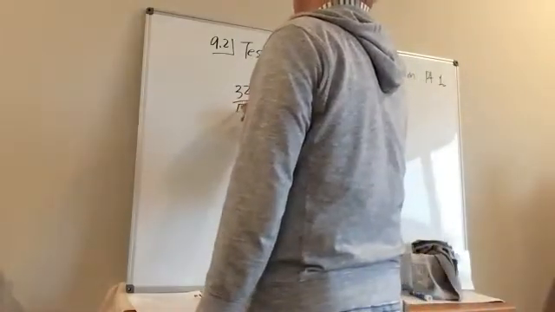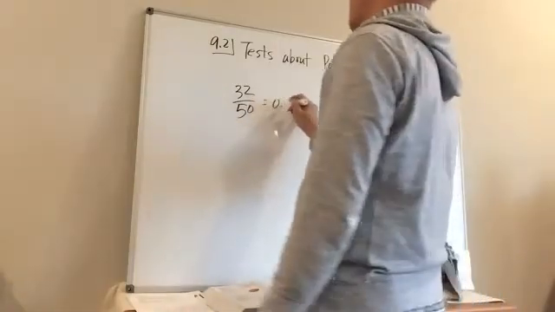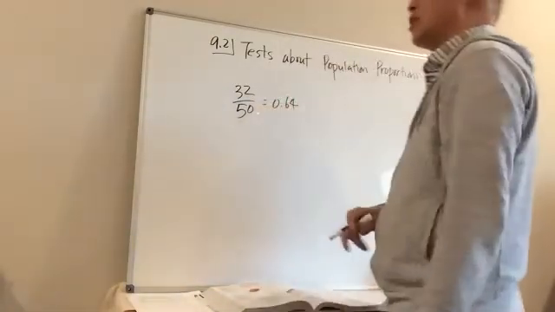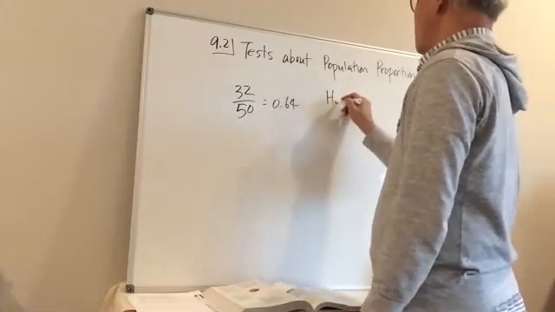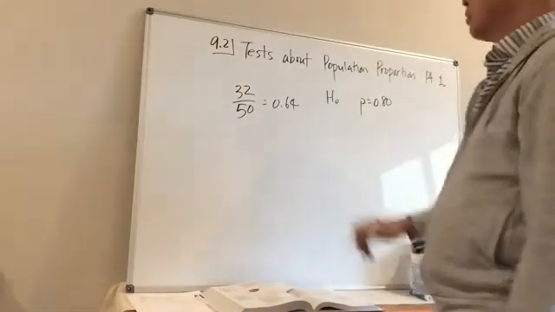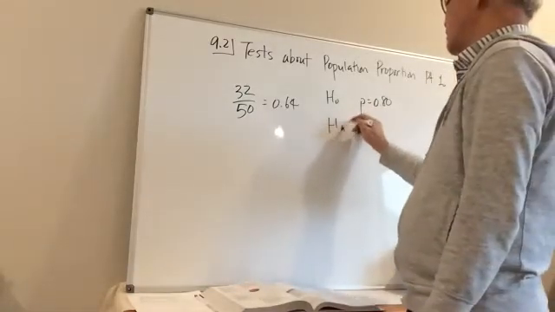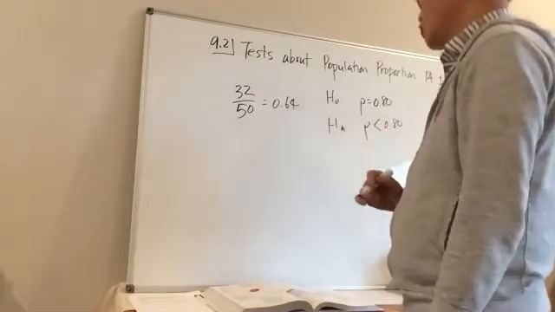He made 32 out of 50 for a grand total of 0.64. So on this one, the null was, I'm an 80% free throw shooter. What we are suspecting is that no, you are less than an 80% free throw shooter.